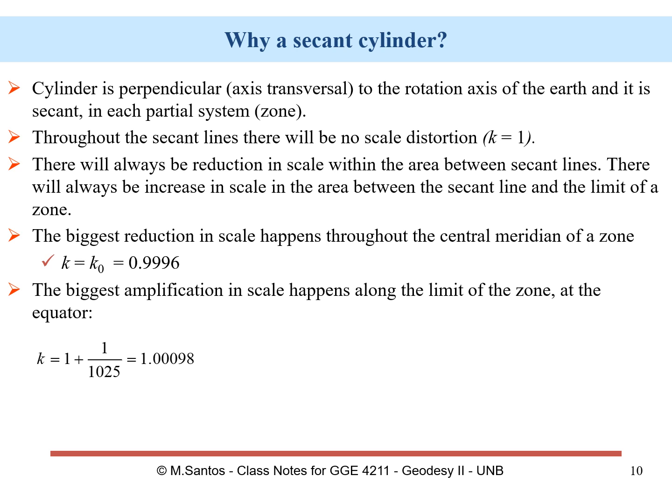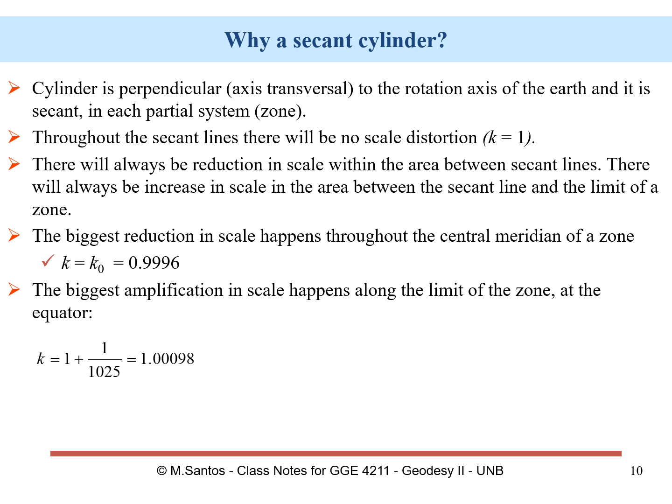There will always be reduction of scale within the area between the secant lines, and there will always be increase in scale in the area between the secant line and the limit of a zone. The biggest reduction in scale, throughout the central meridian of a zone, is going to be equal to 0.9996.